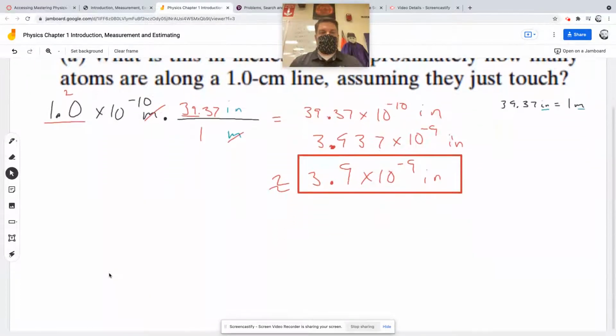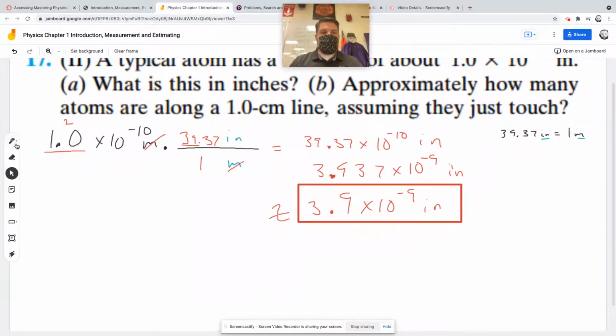Now for part B, it says how many atoms are there in a 1 centimeter line. Well, now I've just got to convert this. So I'm going to start with 1 centimeter.